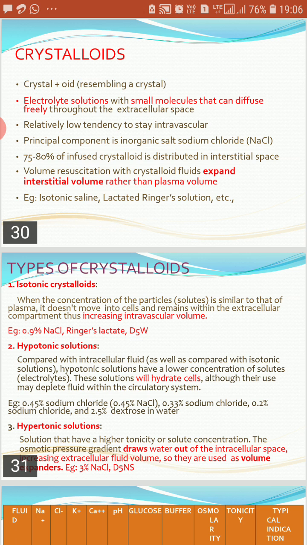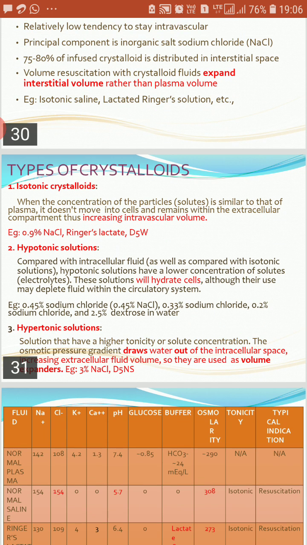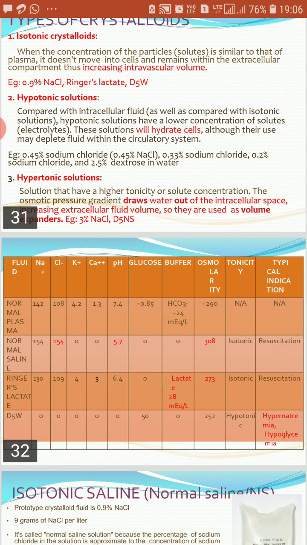That is less sodium chloride. Hypertonic fluids have high tonicity and they draw water out of the intracellular and interstitial space into the vessels, so they are volume expanders. So for acting as a volume expander, like colloids, they should be either isotonic or hypertonic.